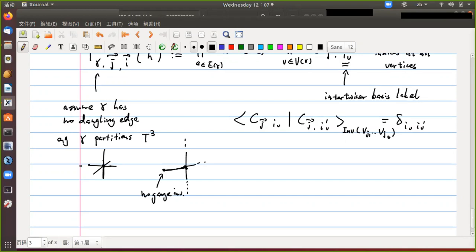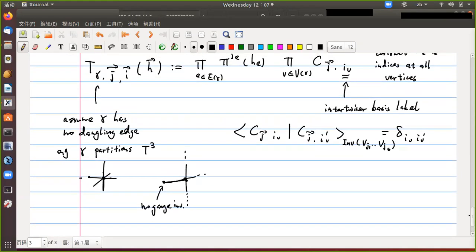Gamma is a lattice, a cubic partition of the 3-torus, with periodic boundary condition, so you have no boundary, and all the vertices are 6-valent. You don't have this kind of dangling edge. This is the simplest case we can consider, and of course it's a different story if you consider a boundary.